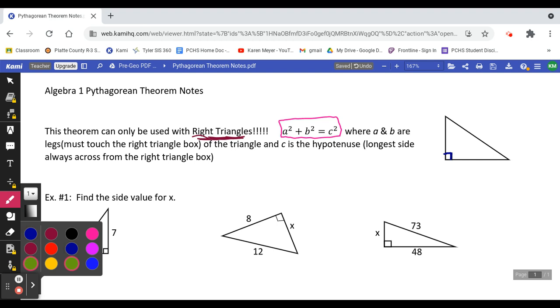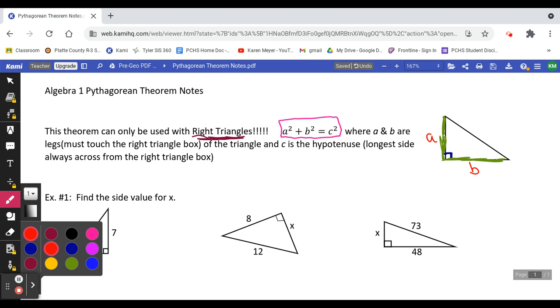So if it must touch it, then that means the bottom, which I'm outlining in green, and the side here, which I'm outlining in green, those two sides touch your right angle box, so that makes them A and B. I don't care which one you call A, which one you call B, that's up to you. I'm just going to go A on the side and B on the bottom.